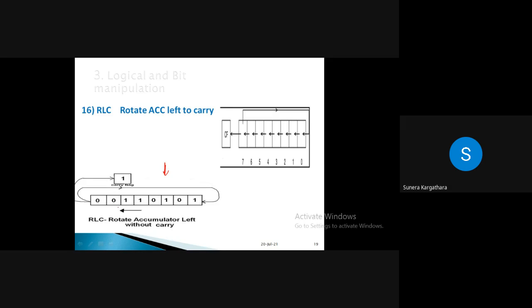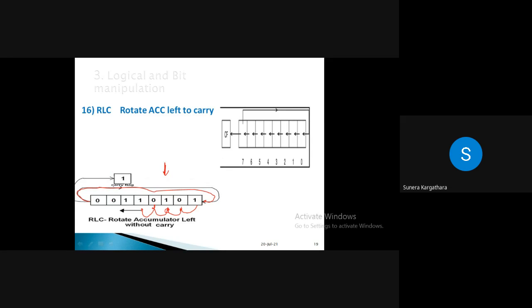If you say you are rotating the content of the accumulator left side without carry, that means your D7 bit will go to D0 bit. Your D0 bit will go to D1, D2, D3, D4 and so on. Am I communicating, students?